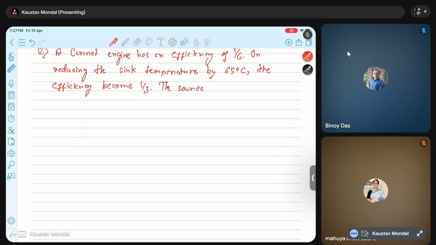The source temperature is given by how much? Sorry, just degree. Okay.